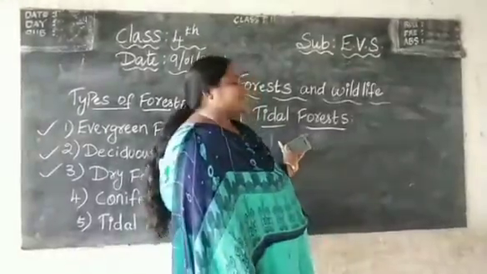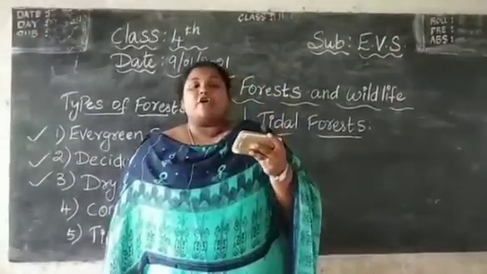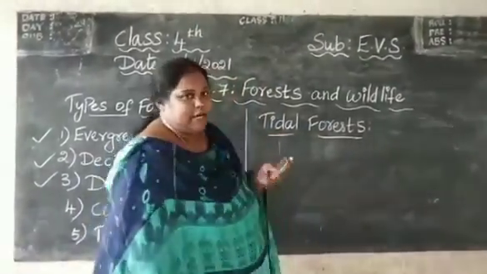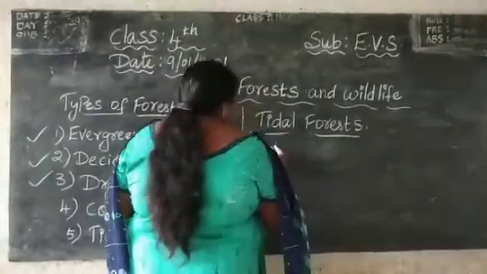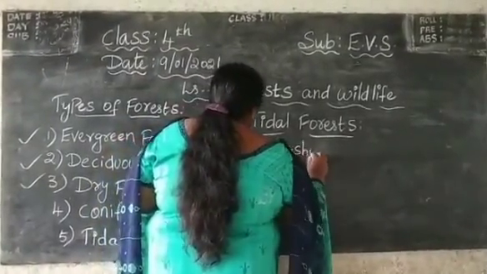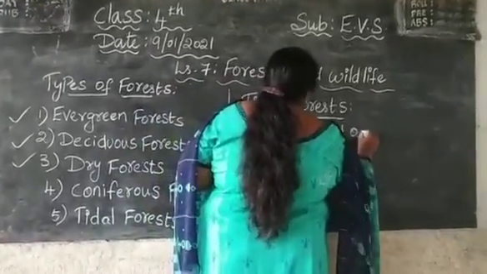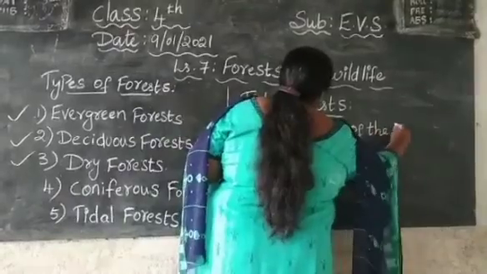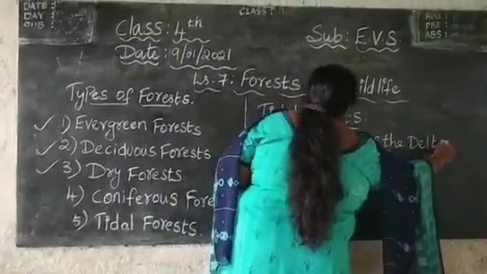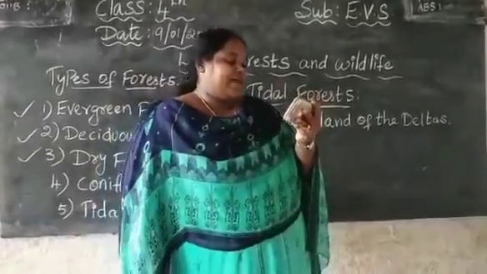Okay, the next type of forest is tidal forest. The tidal forests are found in the marshy land of the deltas. Where are tidal forests found? In the marshy land of the deltas. These forests are commonly flooded by seawater.